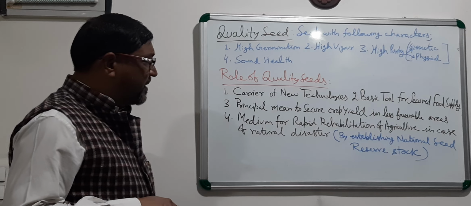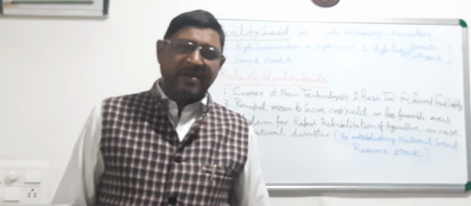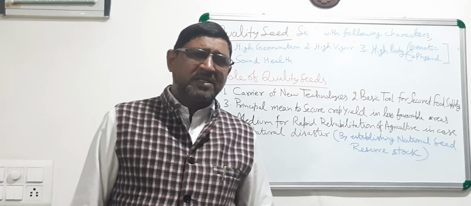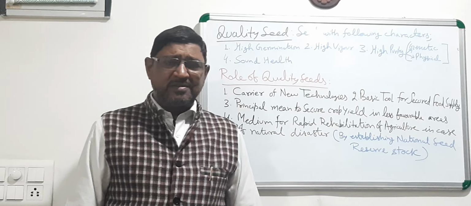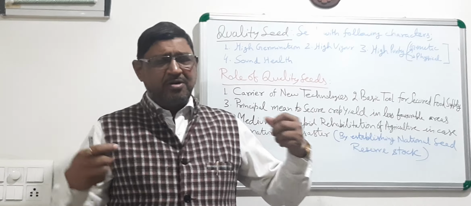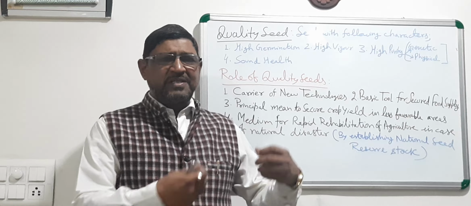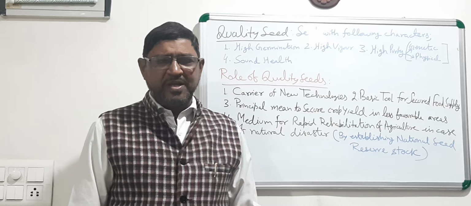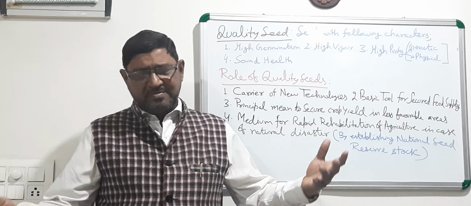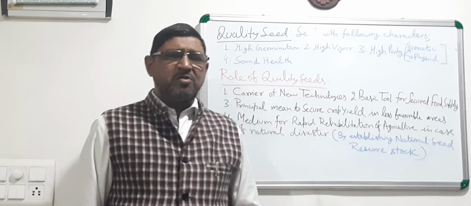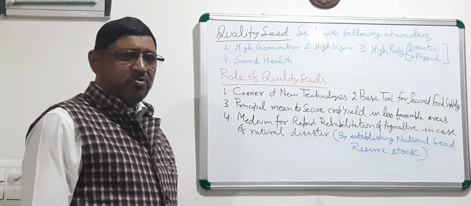Medium for rapid rehabilitation of agriculture in case of natural disaster. For example, you have just transplanted the rice, or just sown the wheat or any other crop, and a lot of flood has come for a few days, everything lost in the whole area. Likewise, in wheat or other crops, because of drought you do not have irrigation potential, so everything is lost. So what are you going to do?